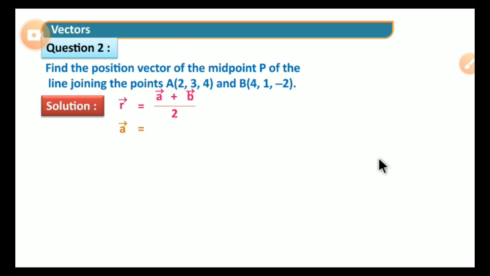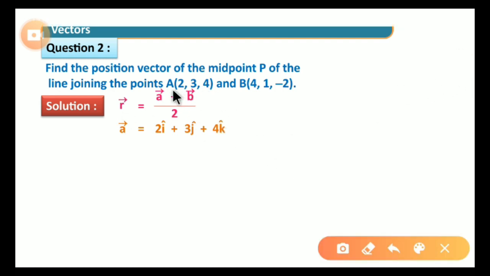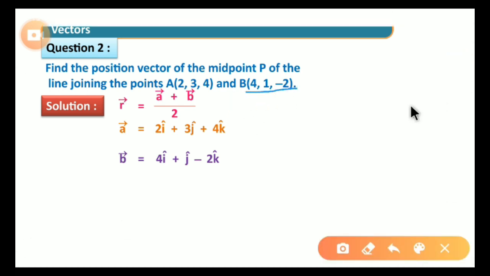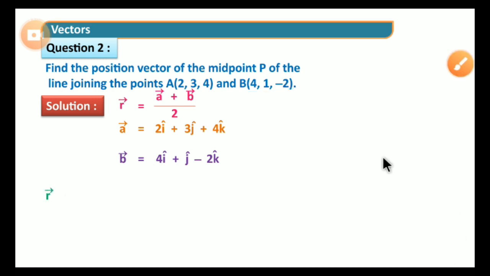Therefore vector A can be written as 2i plus 3j plus 4k, because here we are using the coordinates of the point A. Then vector B can be written as 4i plus j minus 2k, from the coordinates of the point B. Then we put these two vectors in the midpoint formula, that is 2i plus 3j plus 4k plus 4i plus j minus 2k, divided by 2.